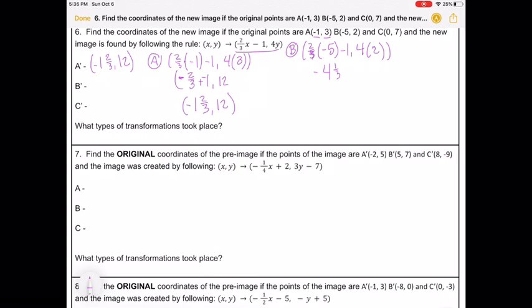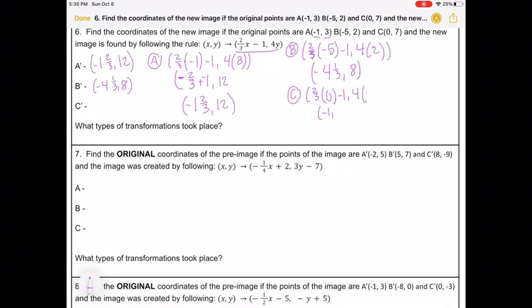Okay, and then 4 times 2, 8. Okay, and then for C, I'm plugging in 2/3 times 0 minus 1. So that's going to be 0 minus 1, which is negative 1. And then I'm going to do 4 times 7, which is 28. So my C prime is negative 1, 28.